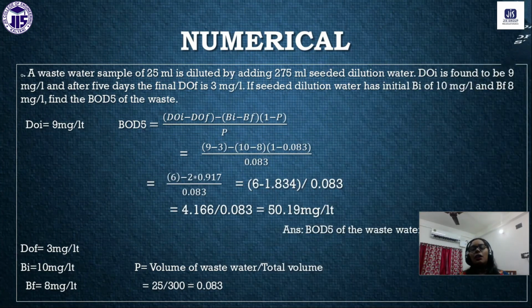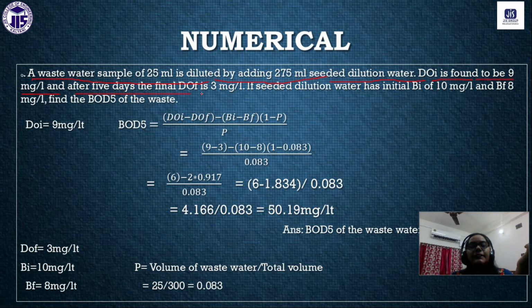Okay, now let's start the numerical. Look here, the question is: a wastewater sample of 25 ml is diluted by adding 275 ml of seeded dilution water. The initial DOI, that means the initial value of dissolved oxygen, is 9 milligram per liter.